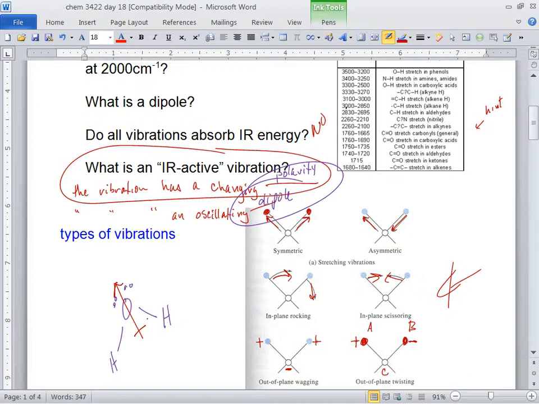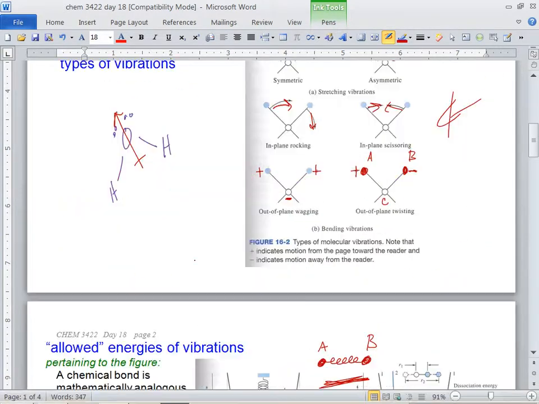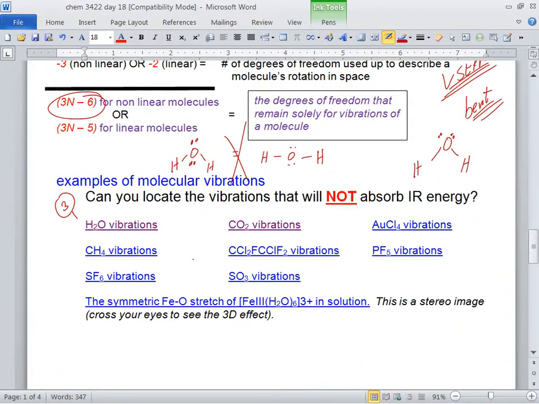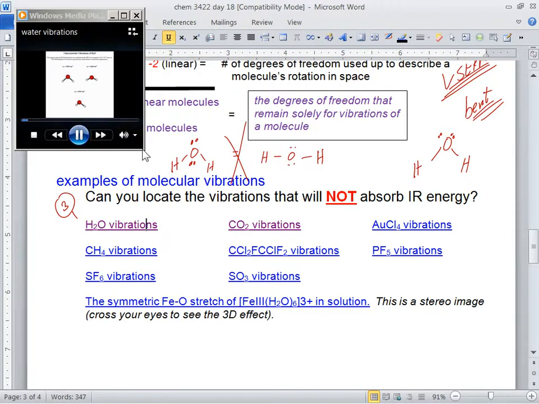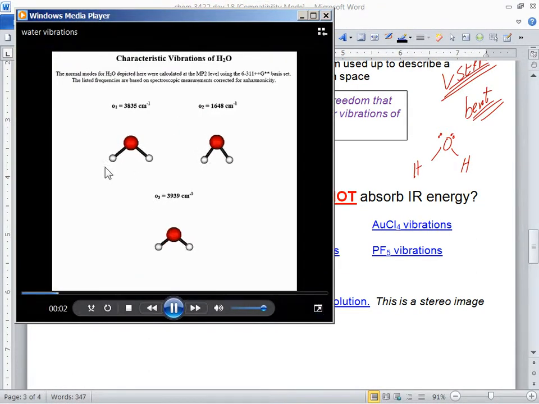Now, notice when this stuff starts vibrating, the strength of this dipole is going to be changing. Or the polarity of this thing is changing. Yeah, exactly. And you can see it easier if you see the plot, see the actual vibration. See how the hydrogens are getting closer? This dipole is getting stronger and weaker. It's oscillating at the same frequency as this vibration.